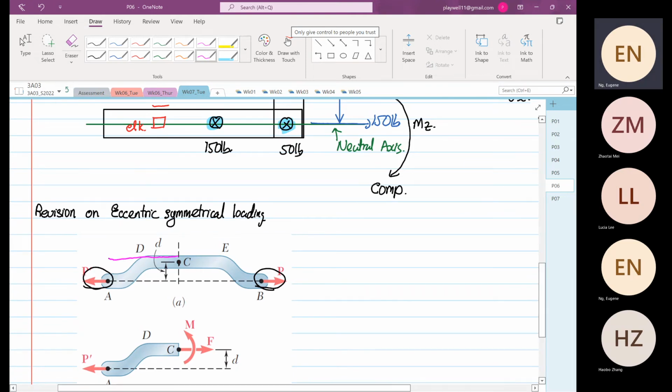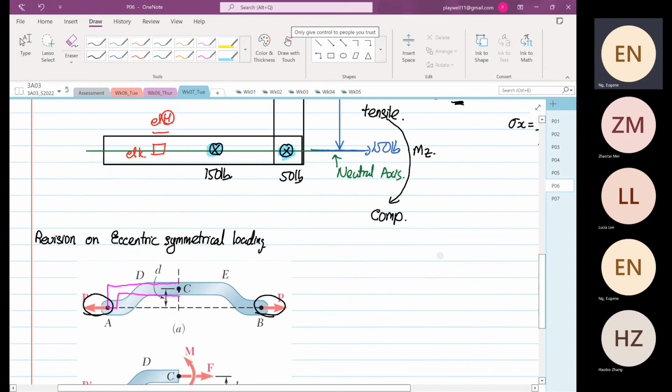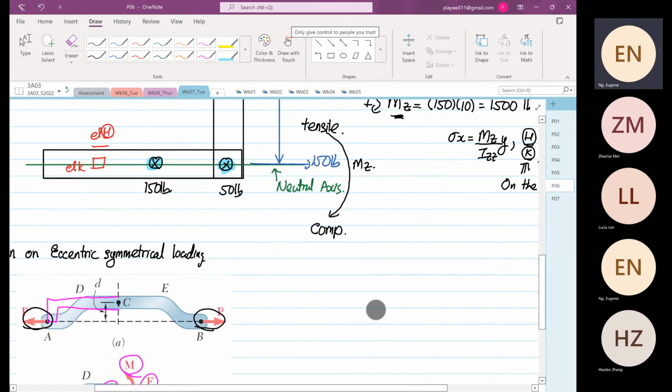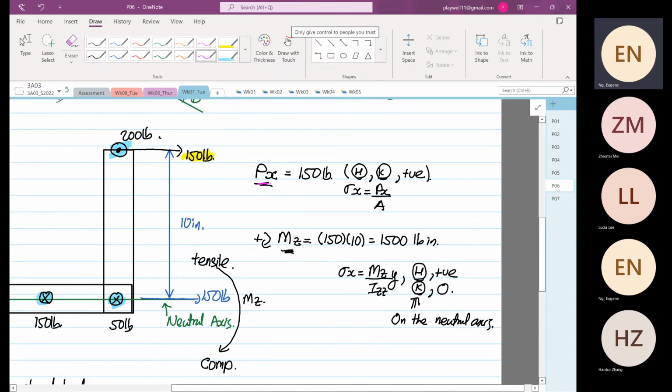So this is our structure now. Can you see that? It's also an L shape. This is also an L shape. Now the P: if we have a P over here on point C, you have to have an axial load and a what? Bending moment. Same thing. We have an axial load and a bending moment.